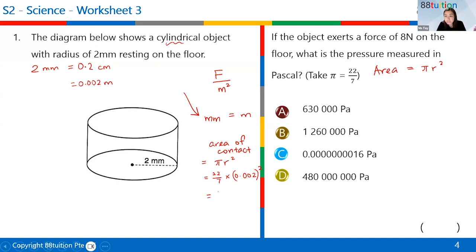What do you have? LeBron, that one is correct. 0.0126, is that correct? Someone do the calculation. I didn't bring my calculator in.